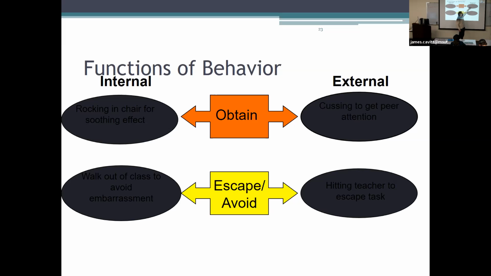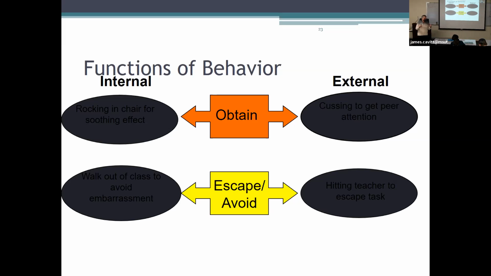External, to get something: cursing to get peer attention, telling off-color jokes to get attention, disrupting the class to get attention. Those are things. External. An example of internal: walking out of the class to avoid embarrassment. See, it's an internal feeling. That's escape, internal. Hitting a teacher to escape a task. That's an external behavior.